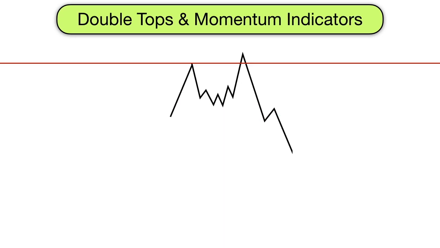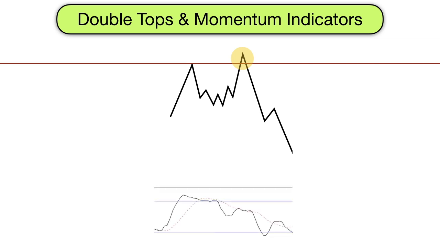When a double top takes place and the second high is higher than the first high, then a requirement that must be met for a double top trade to be valid as a setup for me is that the second high is accompanied by a stochastic or MACD divergence.